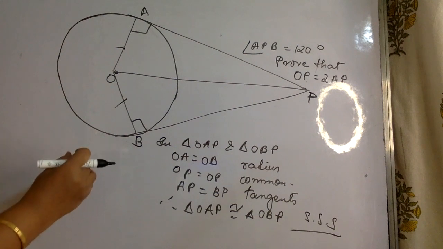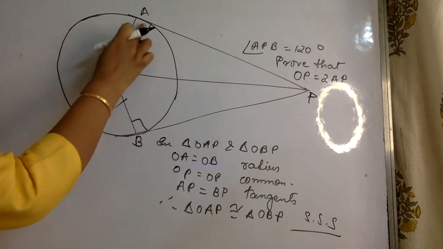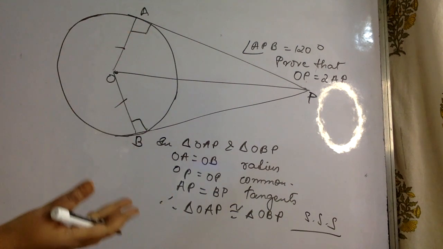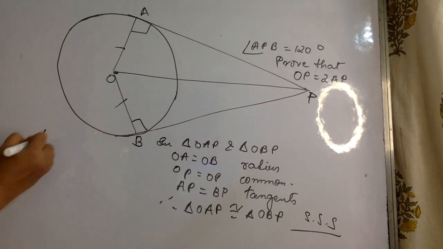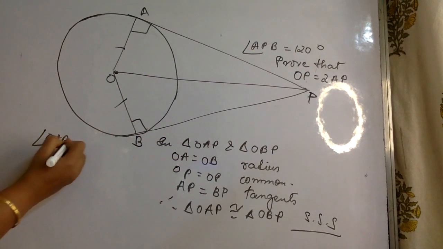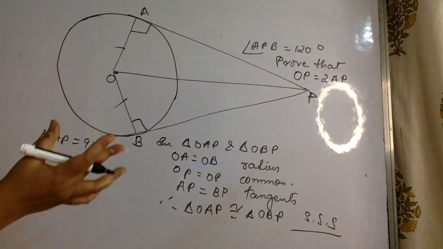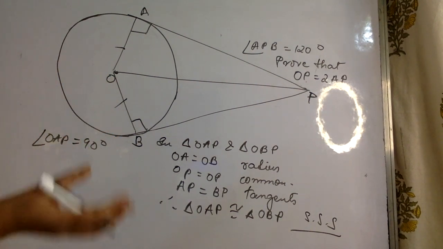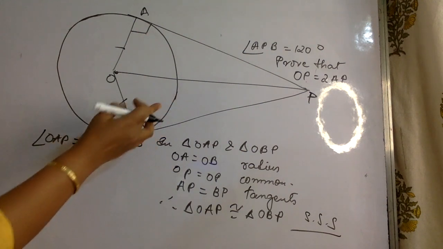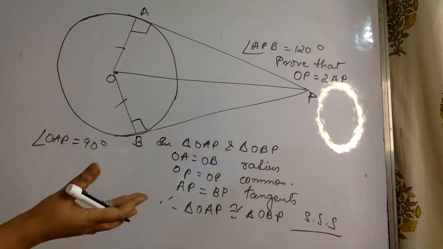We have told these two are 90 because they are tangents. So you must write angle OAP is equal to 90 degrees. With one triangle it is enough. We practically don't need this triangle anymore.